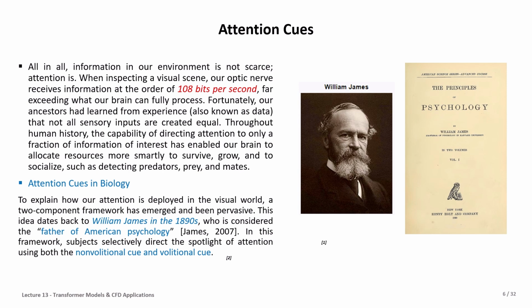When we investigate these attention cues in biology, that is, how attention works with the visual world, this idea came from William James in the 1890s, and in fact, it defined the framework of the subject's selectivity from attention, relevant to both non-volitional cues and volitional cues.